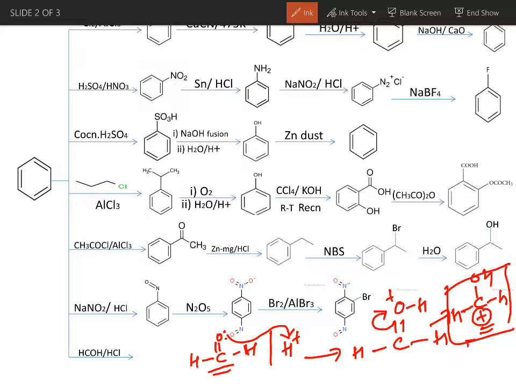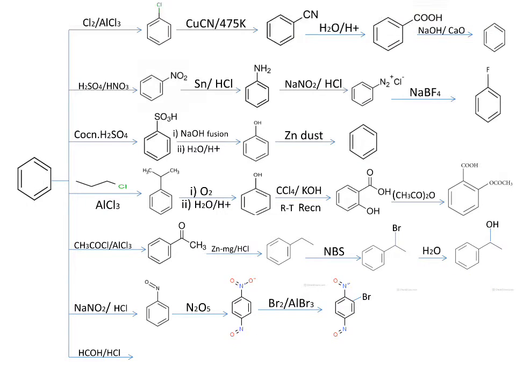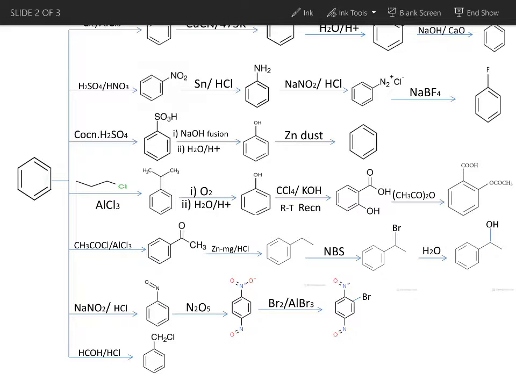This electrophile attacks the benzene ring and forms a compound something like this. Now we need to see that here it has attached with the electrophile formed, which was CH2OH. Since the reaction is still in acidic medium, the lone pair of oxygen abstracts this H plus.